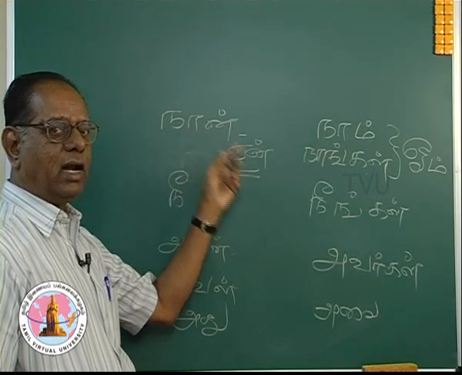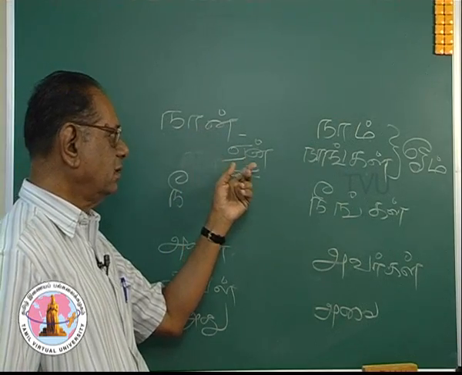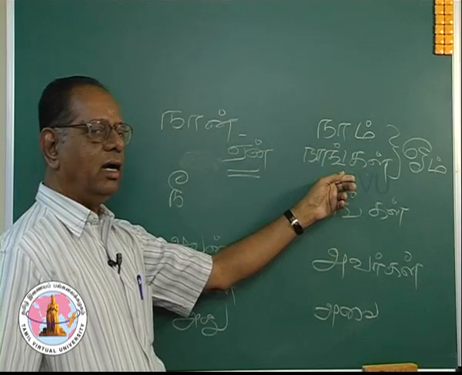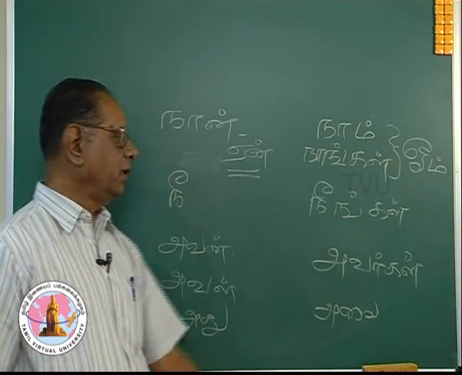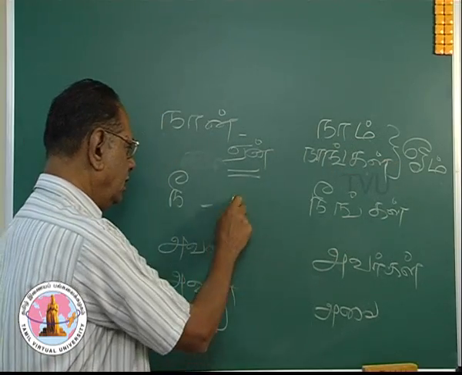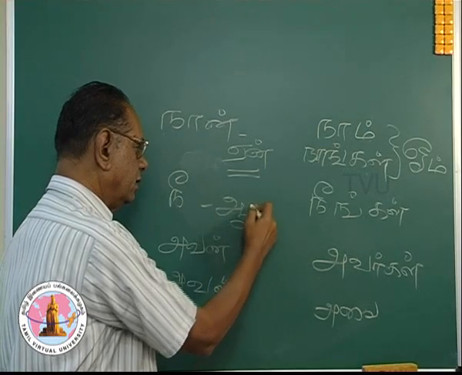That is the personal marker or personal suffix. For naam and naangal, it is ஓம். For nee, it is ஆய்.